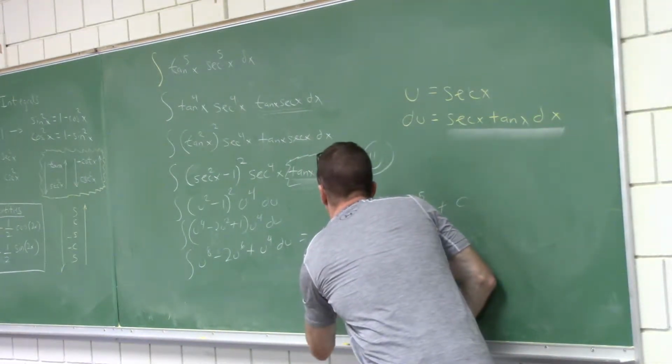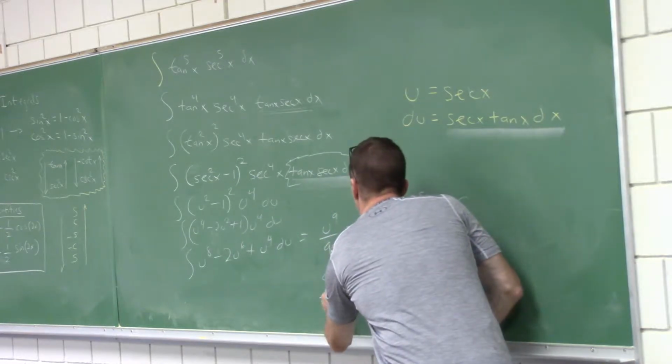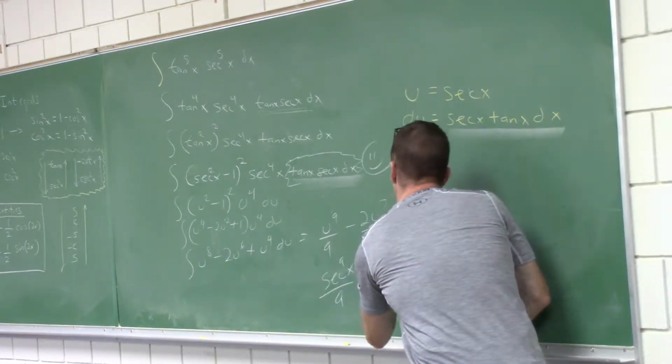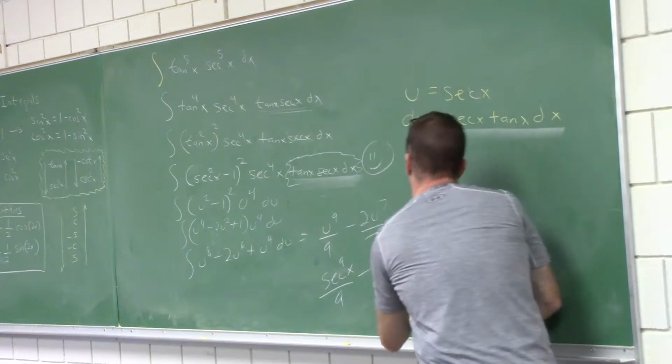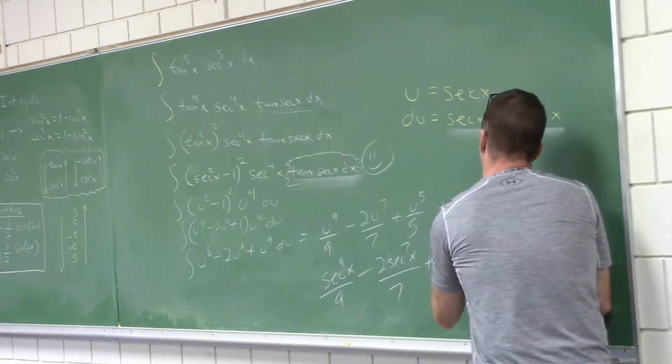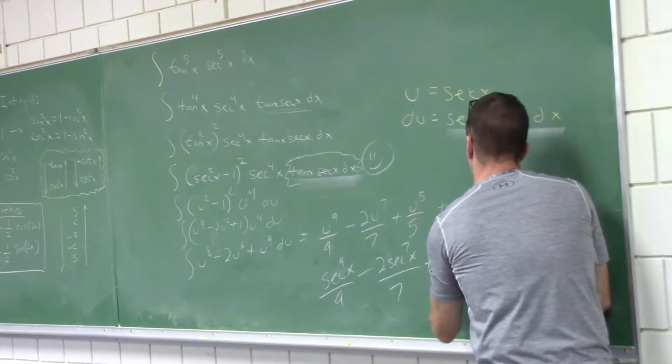Secant to the 9th x over 9, minus 2 secant to the 7th x over 7, plus secant x to the 5th, let's see.